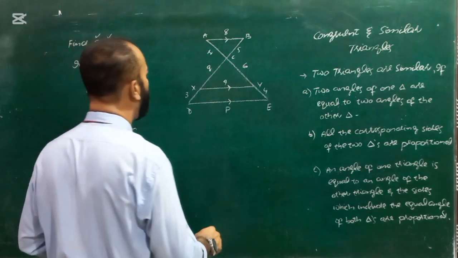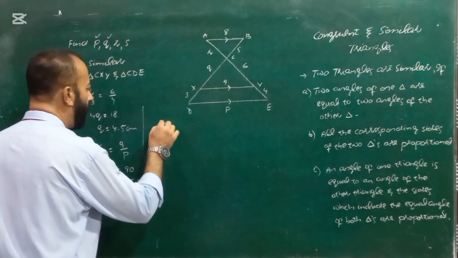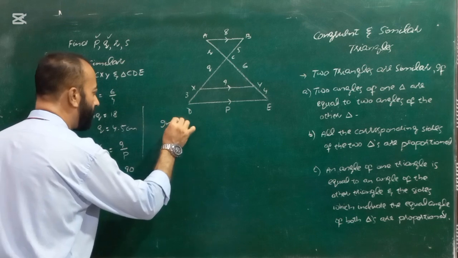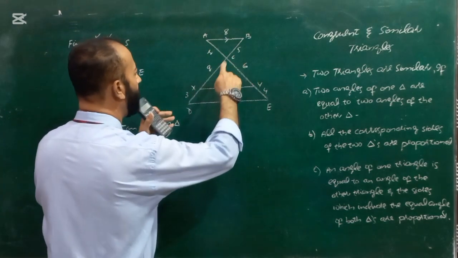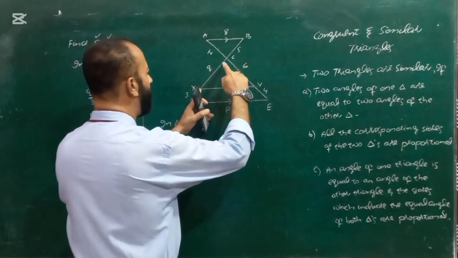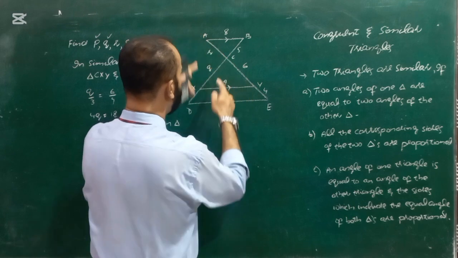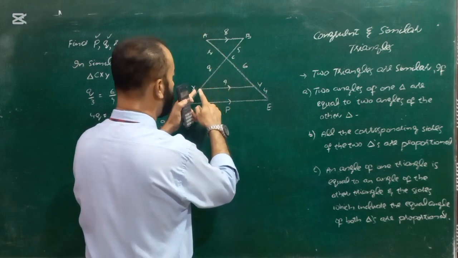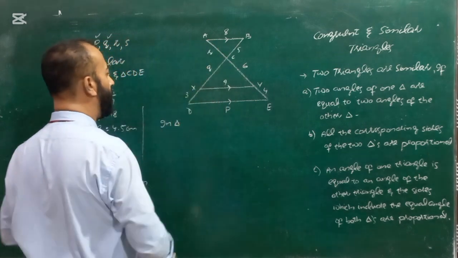Okay, now look, this is very important. In triangles, whenever two triangles are in cross with each other, look now, here is the cross. The corresponding sides are, this side will be corresponding to this side, and the letters from XY will be corresponding to BA.